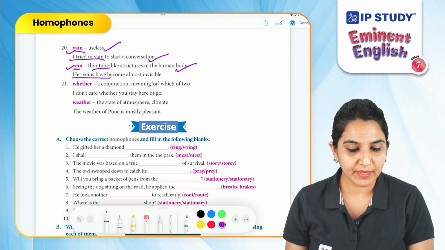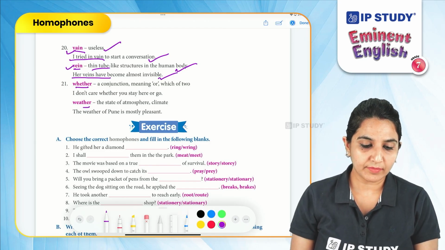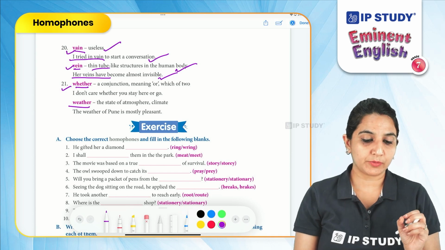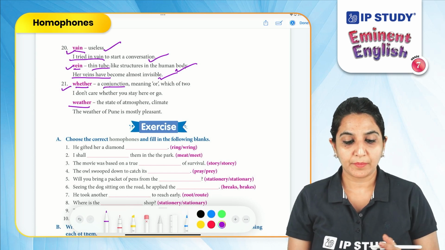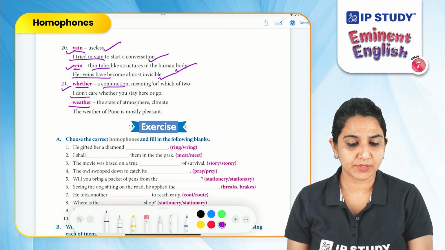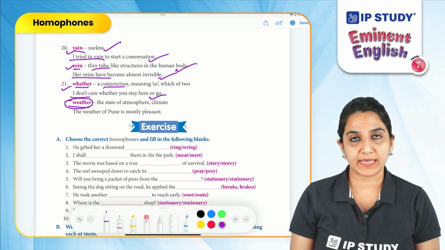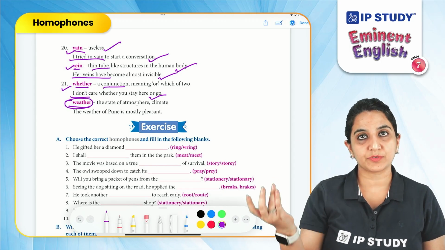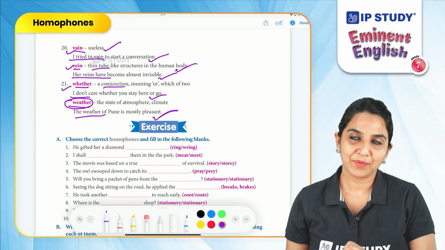Her veins have become almost invisible. Weather, weather. Whether with WHETHER is a conjunction, meaning or which of two. I don't care whether you stay here or go. Weather with EATHER means the atmosphere, the climate. The weather of Pune is mostly pleasant.